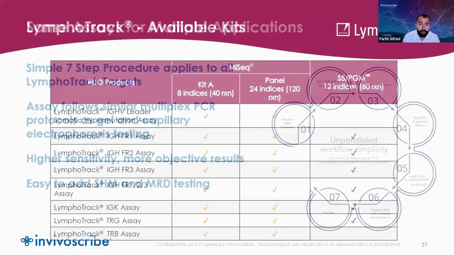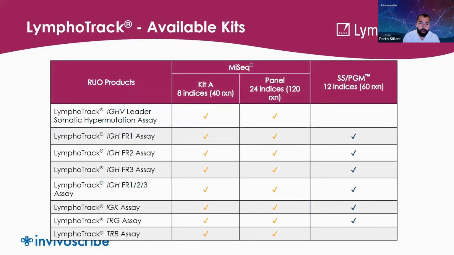Now, the kits that are available in India are the LymphoTrack RUO product line. This contains assays targeting the IGHV leader region for somatic hypermutation, which can also be done with the IGH Framework 1 assay. And for B-cell clonality, we have assays for IGH Frameworks 1, 2, and 3, as well as a combined assay for all of them together. We also have IG kappa for B cells. And then for T cells, we have T cell receptor gamma and T cell receptor beta.